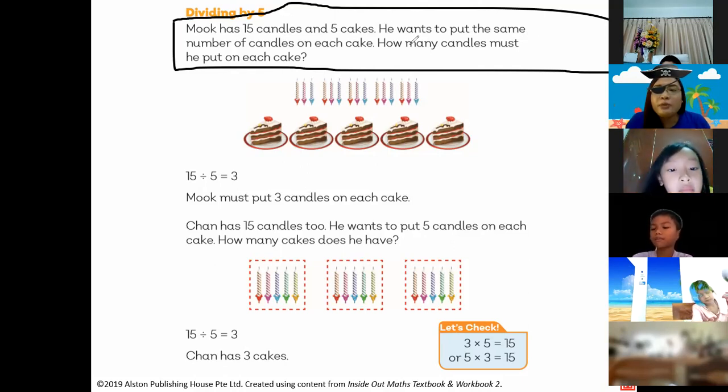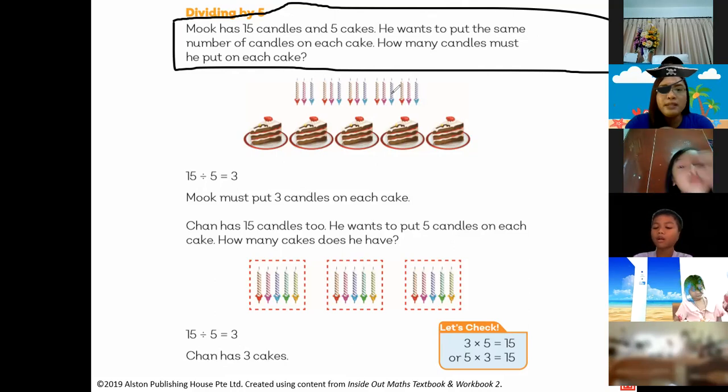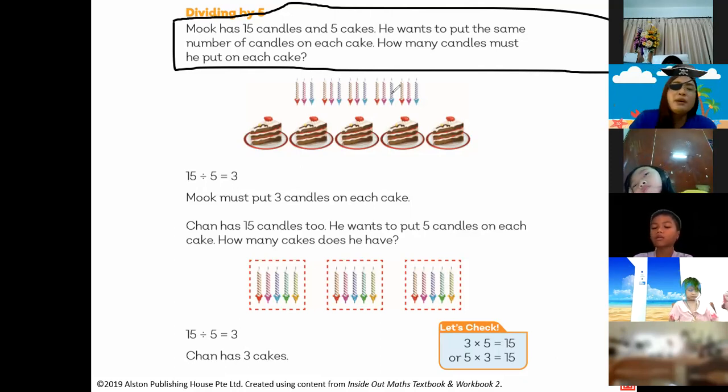Okay, so I'm gonna read one more time. Thank you, Bowie. All right, so Mook has 15 candles and 5 cakes. He wants to put the same number of candles on each cake. So how many candles must he put on each cake? Okay, so let's try to have the 15 candles first.